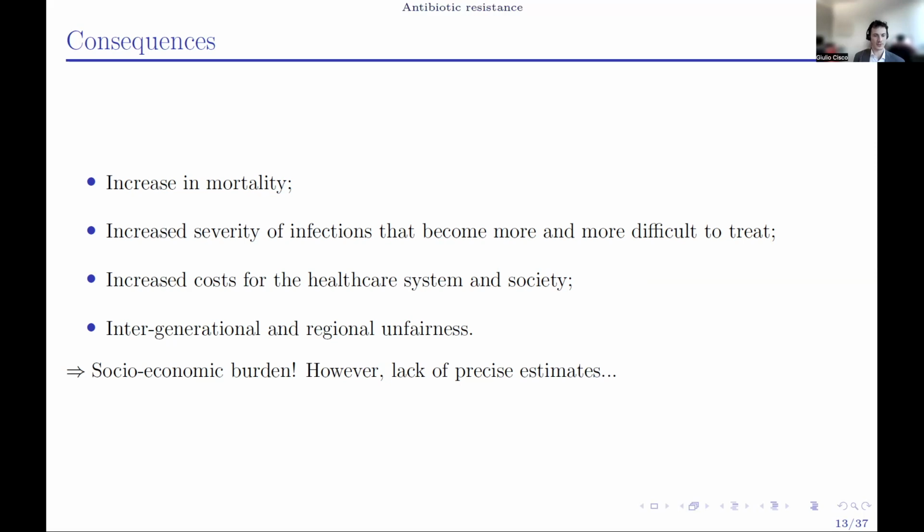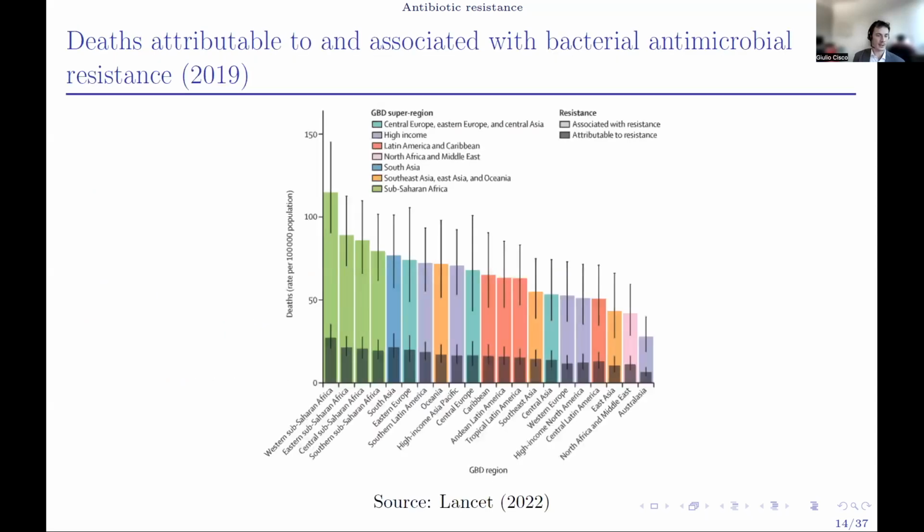So all of these aspects, of course, contribute to this socio-economic burden. It's quite straightforward to see that we have a socioeconomic burden, but still we lack estimations, and we will see in some slides why and what we could do.